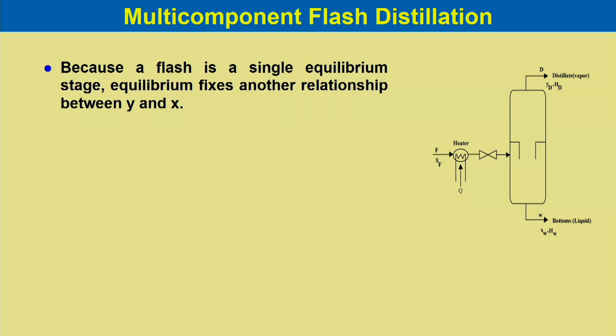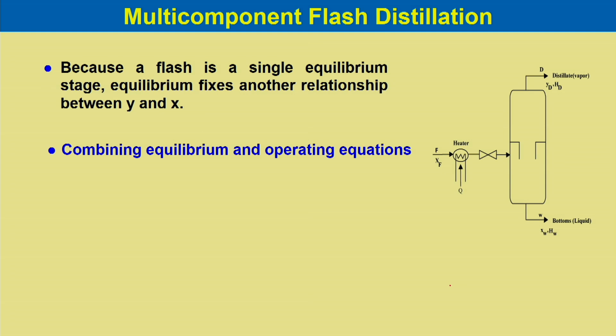Now, because a flash is a single equilibrium stage, equilibrium fixes another relationship between y and x. Combining equilibrium and operating equations, that is y i is equal to k i x i is equal to k C alpha i x i, where alpha i is k i by k C. k C is the equilibrium constant and k i is the distribution coefficient.